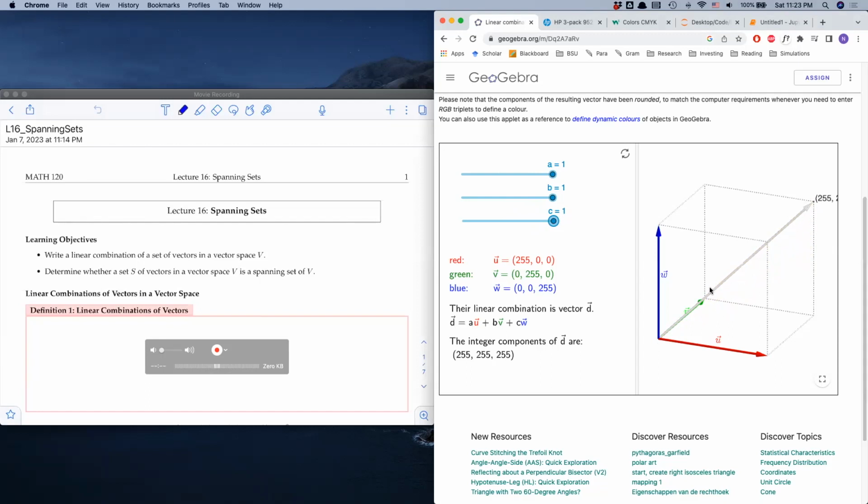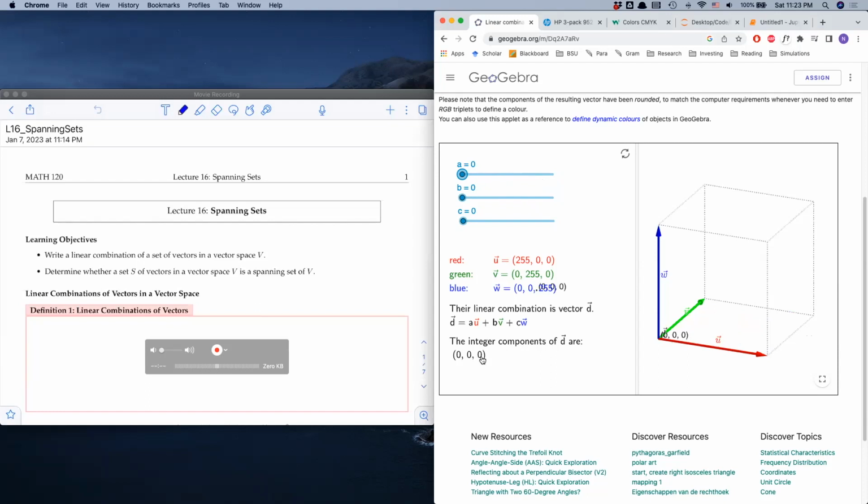Now, if I want to generate a black color, I can modify the coefficients so that, as you can see, the vector gets smaller and smaller, and this becomes 0, right? So the vector 0, 0, 0 indicates that I can use red, green, and blue to generate a black color.